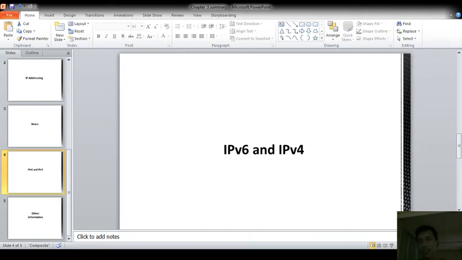Unlike IPv4, IPv6 does not have a broadcast address. However, there is an IPv6 all-nodes multicast address, which essentially gives the same result. That is all about IPv6 and IPv4.